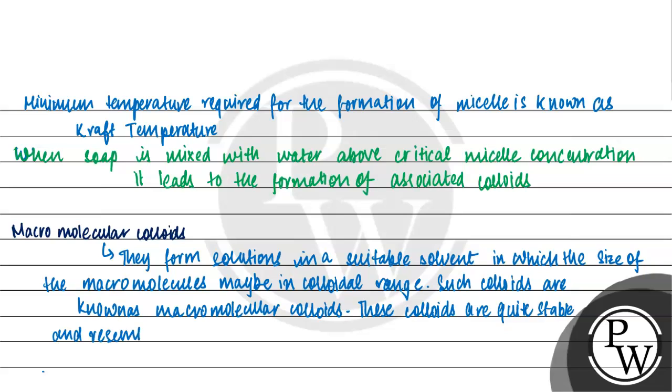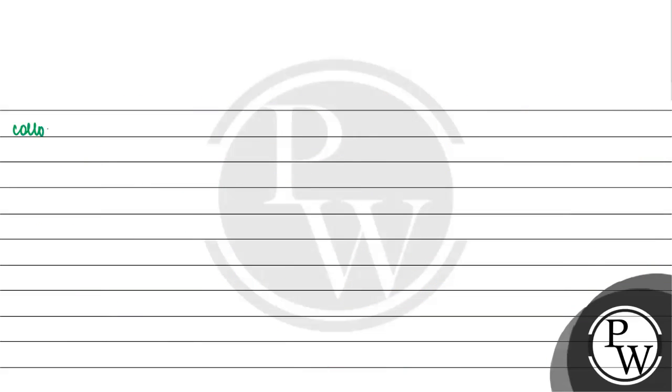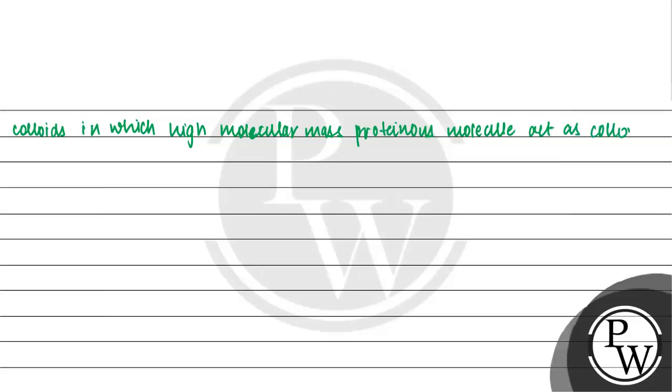Now, if we talk about the options that are given to us in column 1, we can say that white part of the egg whipped with water is an example of macromolecular colloids in which high molecular mass proteinous molecules act as colloidal particles.